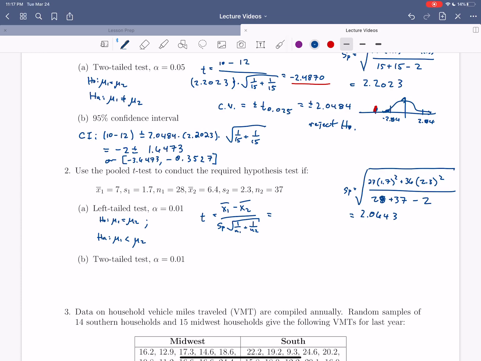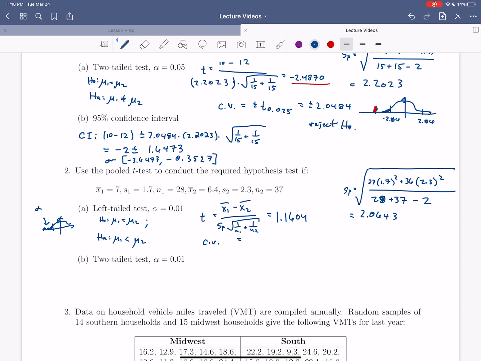It turns out what you're going to get for your test statistic t is going to be 1.1604. For the left-tailed test, your critical value is going to be the value where to the left you want an area of alpha, and so this is going to have a negative value. So this already tells you that we are not going to reject the null hypothesis.